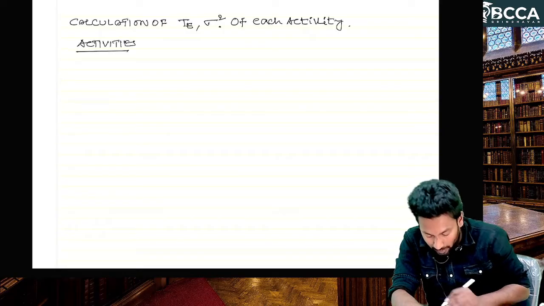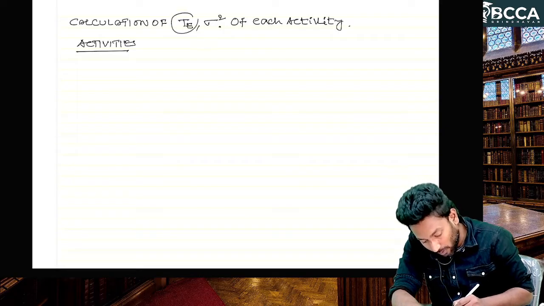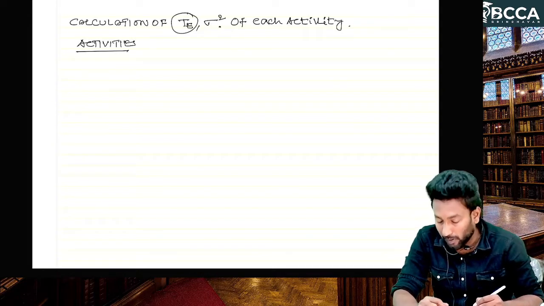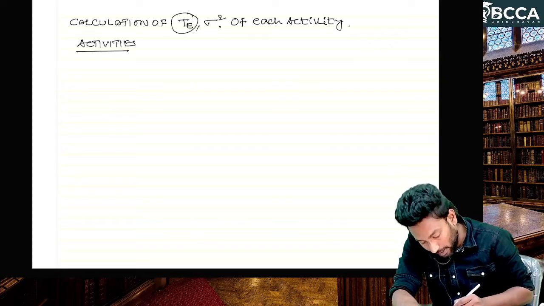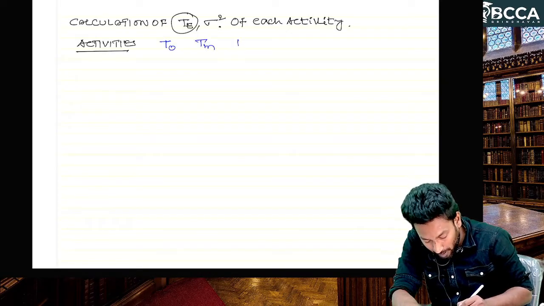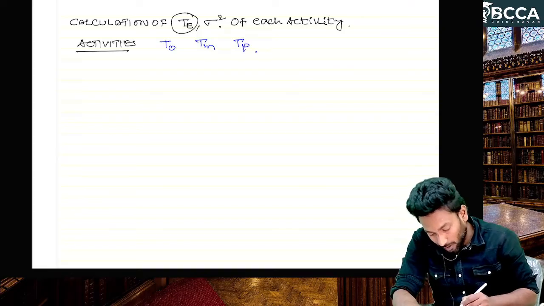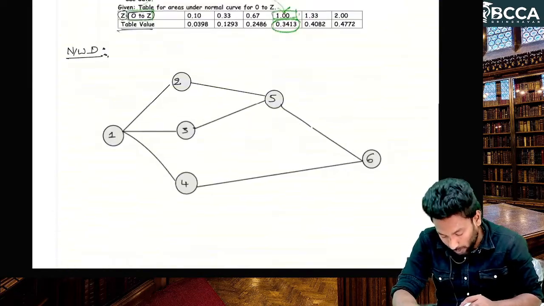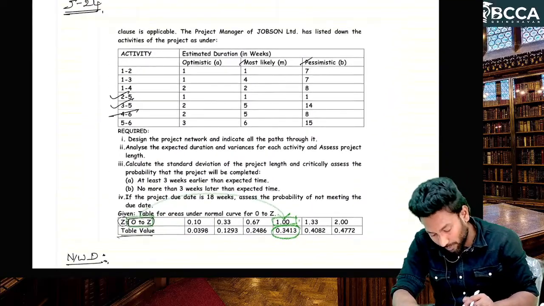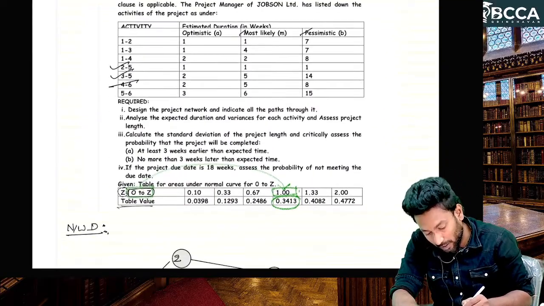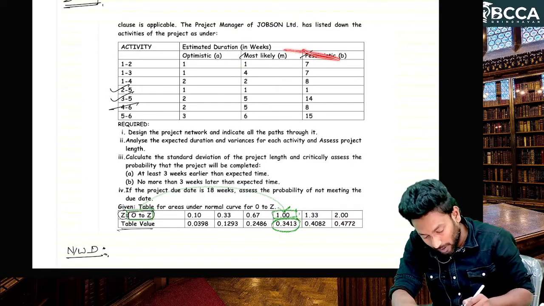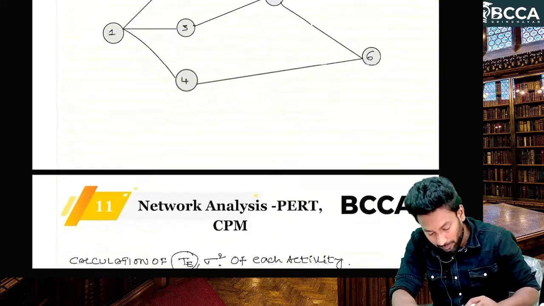What is the formula for expected time? TO plus 4TM plus TP, divided by 6. That's why we need the optimistic time, most likely time, and pessimistic time. The table was given in the question, the same data. Write it in that particular table.